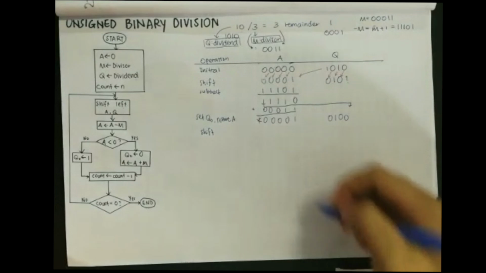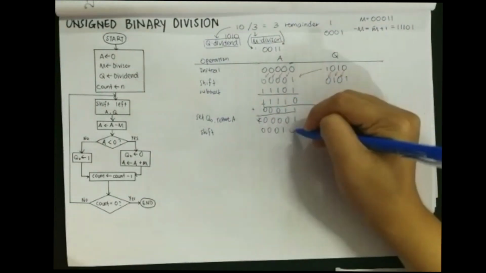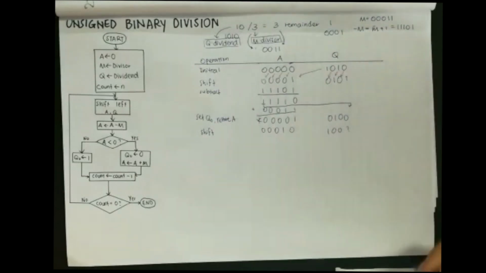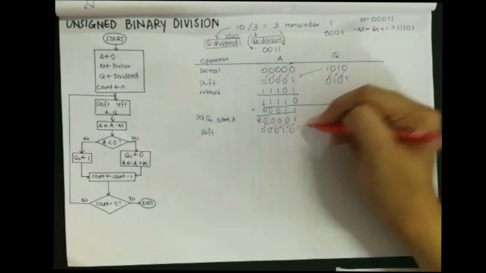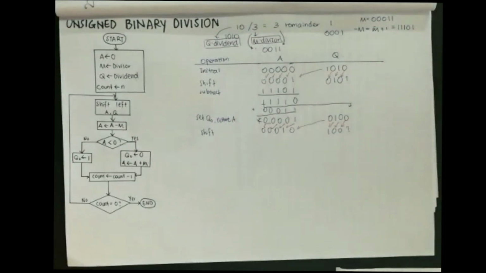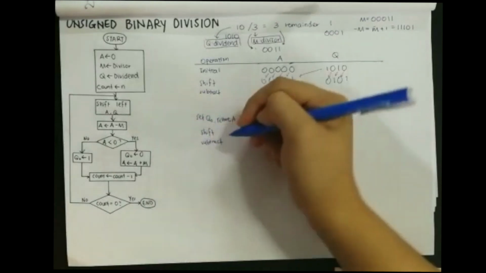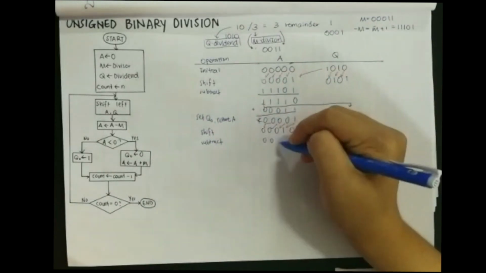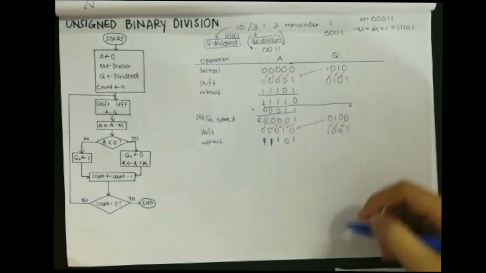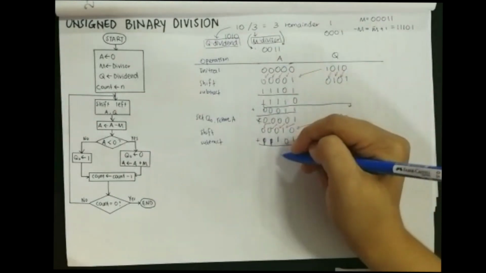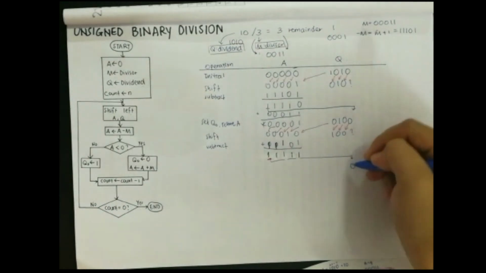The A and Q registers together are shifted to the left 1 bit. M is subtracted from A to determine whether A divides the partial remainder. When the first digit is 1, then Q0 is 0.